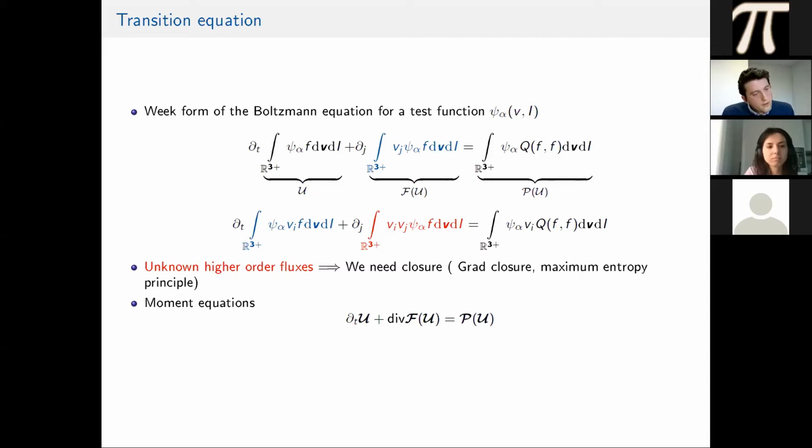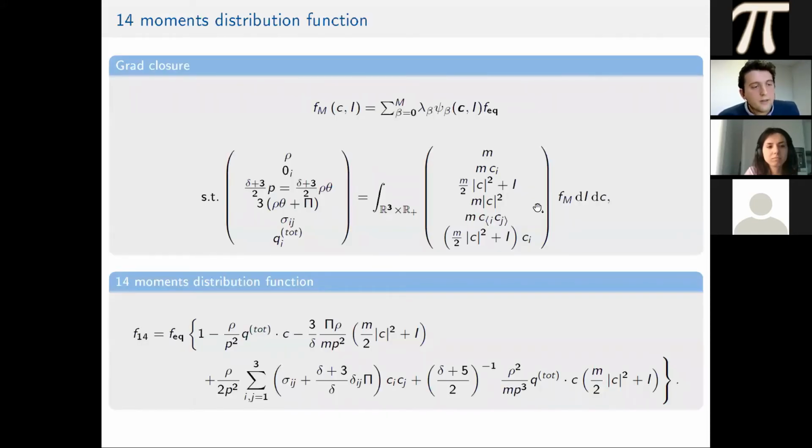And at the end, when you know the form of the distribution function, this is how the moment equation system looks in general. You have the time derivative plus the divergence of the flux, and on the right-hand side you have production terms. Let's try with some test function, for example, the 14 moments distribution function.